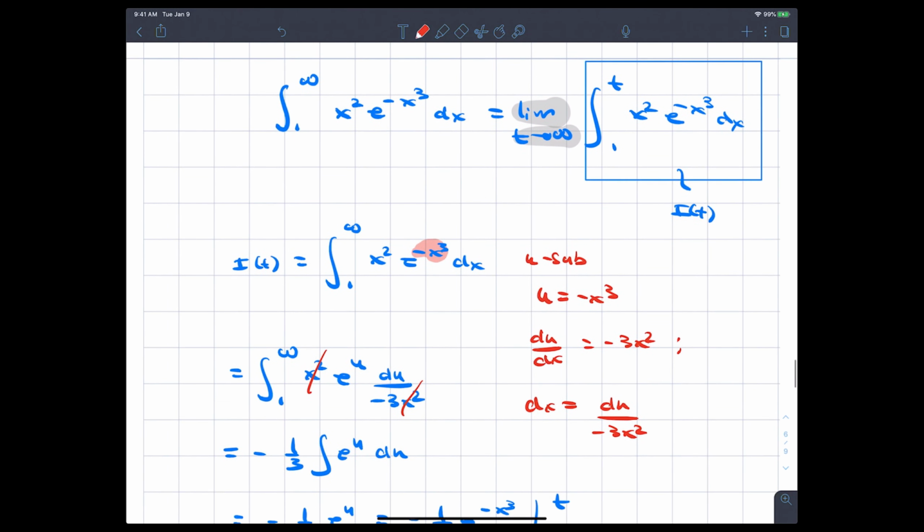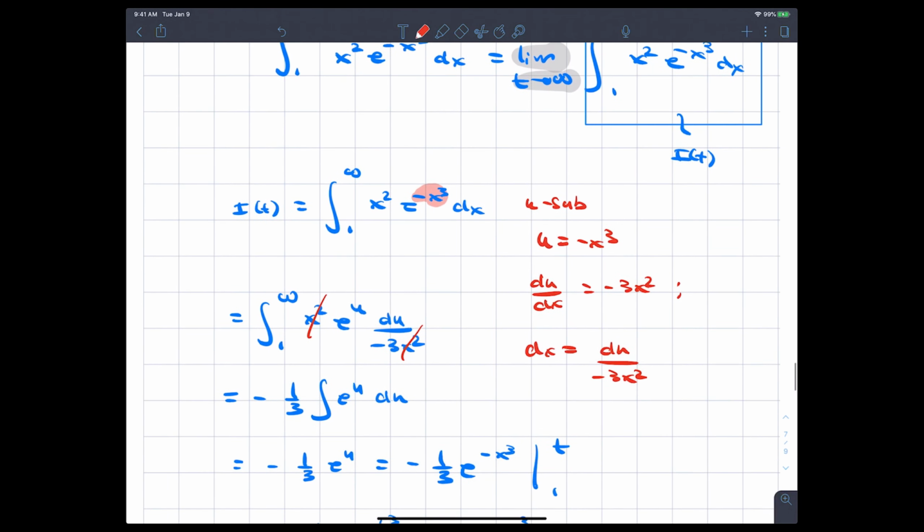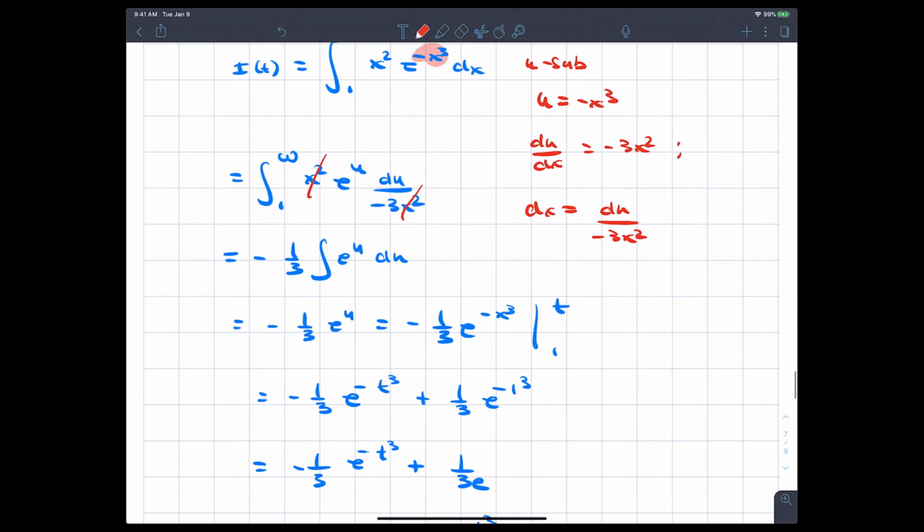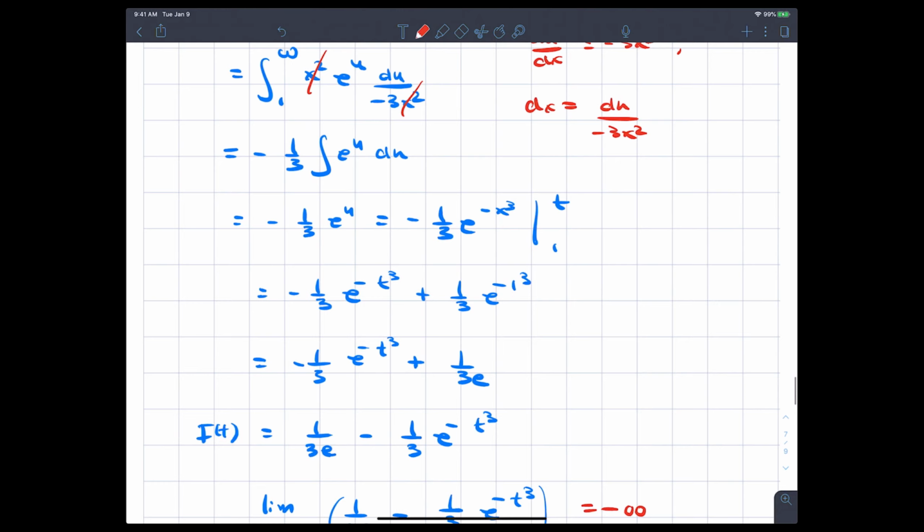So let's double check our work. u equals minus x cubed, so du is minus 3x squared. So the antiderivative is minus 1/3 e to the u, which is minus 1/3 e to the minus x cubed. Plug that t in: minus 1/3 e to the minus t cubed, plus 1/3 e to the minus 1.